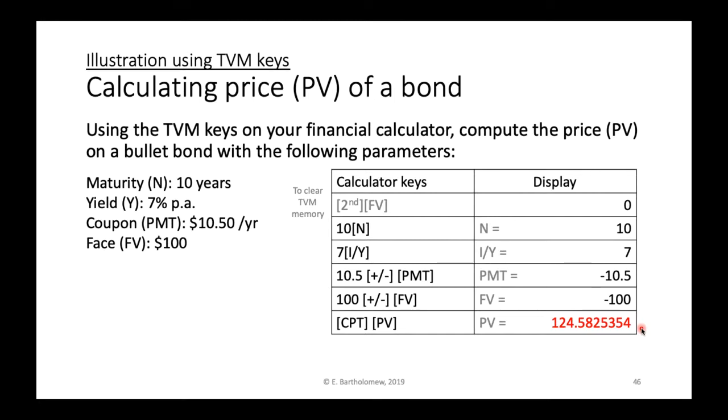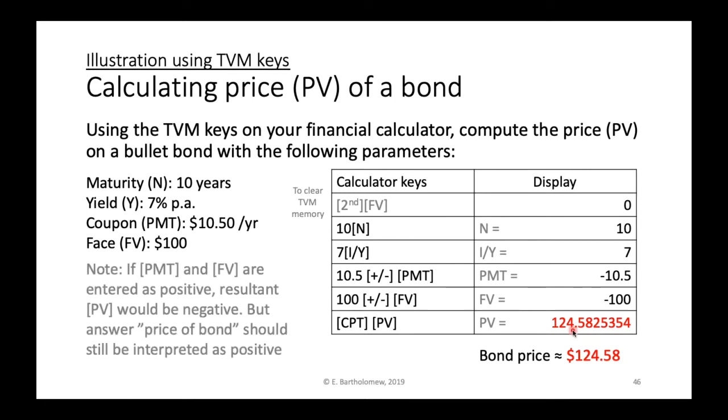If you had it actually still on 2 decimal points, so if the precision was set to 2, the memory would still have this. It would just display a rounded number. So that's important to keep in mind as well. So that gives you the price of the bond. If we're doing this to the nearest cent, we would round it to 124.58.